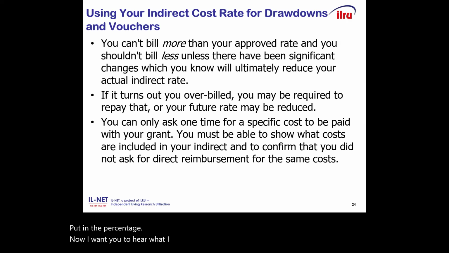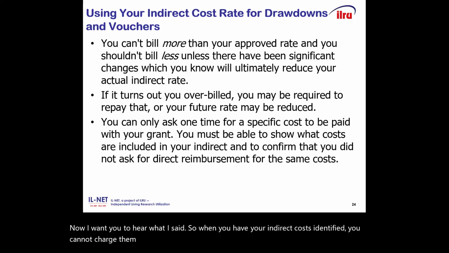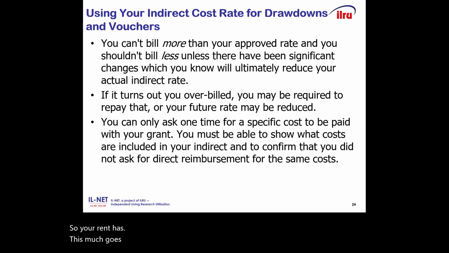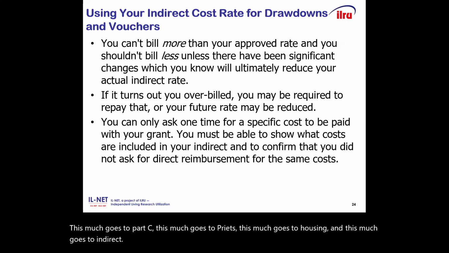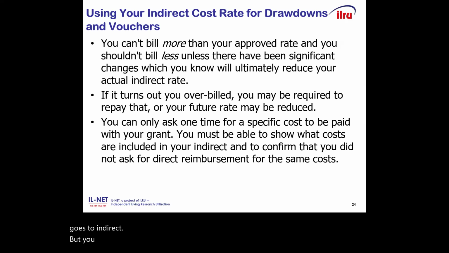So when you have your indirect costs identified, you cannot charge them directly to your grant. So your rent has, this much goes to Part C, this much goes to pre-ets, this much goes to housing, and this much goes to indirect. But you can't charge that amount to indirect. What you charge to indirect is your percentage, which should be very close to the same.